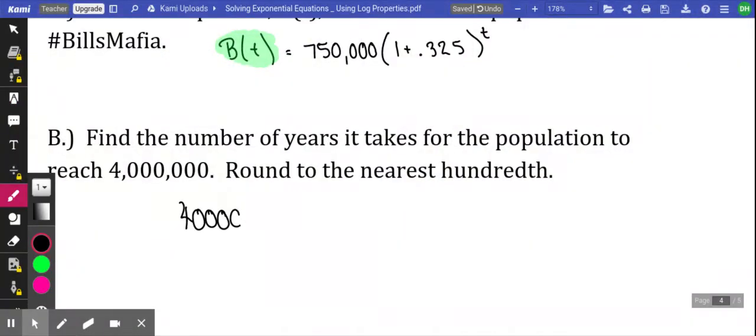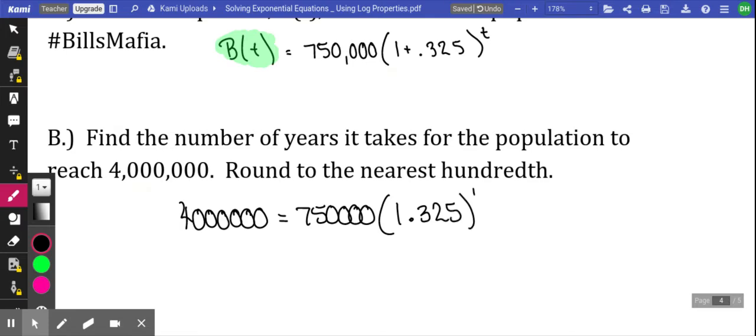4 million equals 750,000 times 1.325 raised to the t. Okay, so the first thing I'm going to do is divide both sides by 750,000. So we got 4 million divided by 750,000 equals 1.325 to the t.